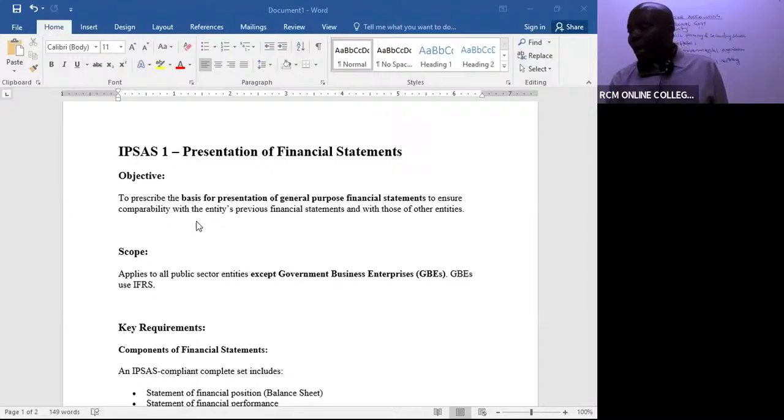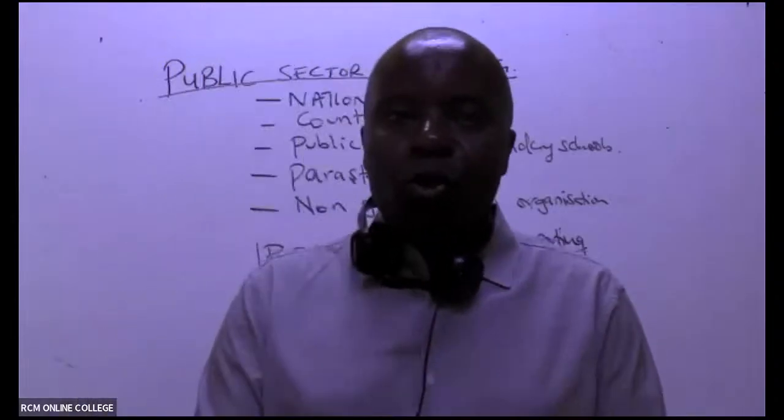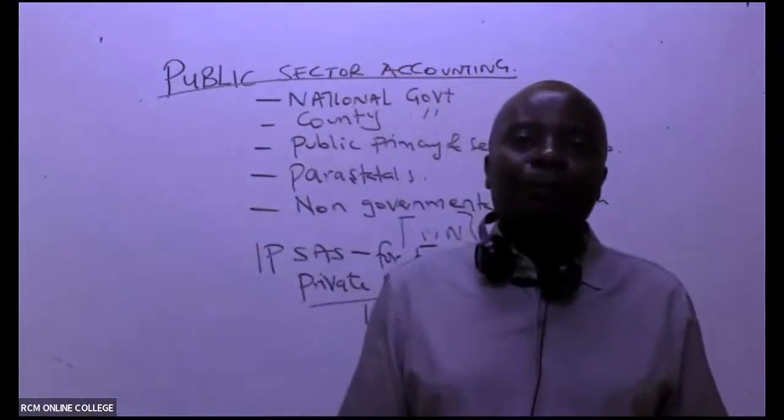The scope applies to all public sector entities except GBEs, government business enterprises. Government business enterprises use IFRS because basically the government has given those particular entities to the private sector.